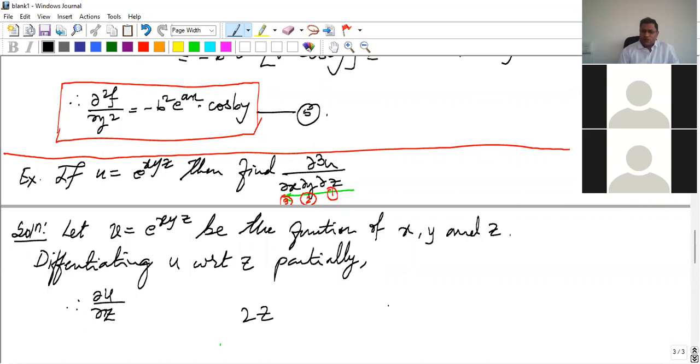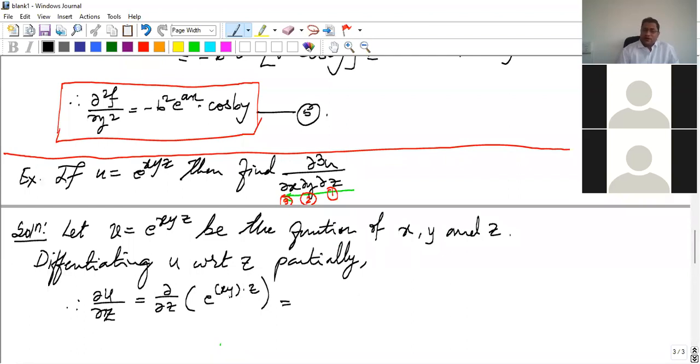Always there should be a difference between 2 and z. That's why I write z always like this and 2 like this. So we are differentiating with respect to z. When we are differentiating with respect to z, x and y are treated as constants. So we have ∂/∂z of e raised to xyz, where this is going to be z.